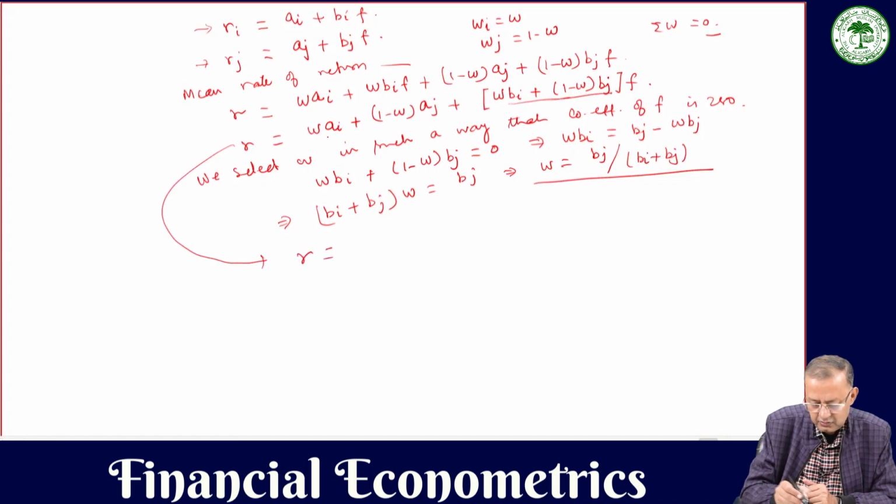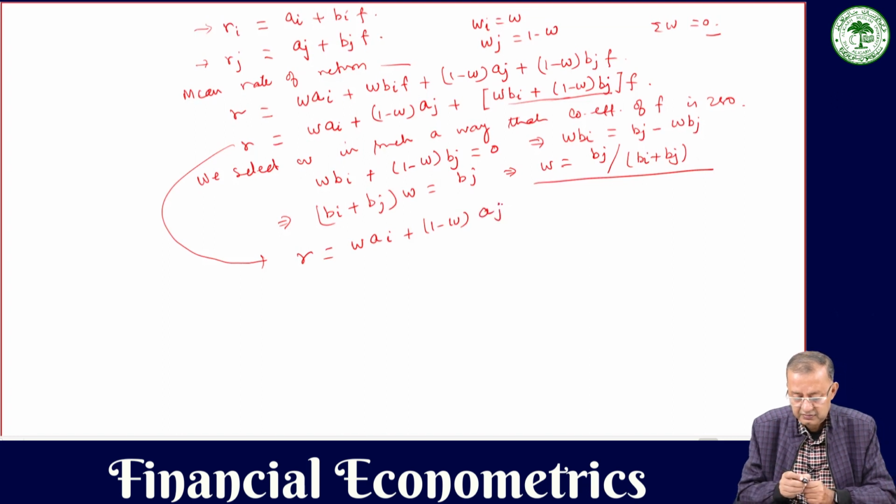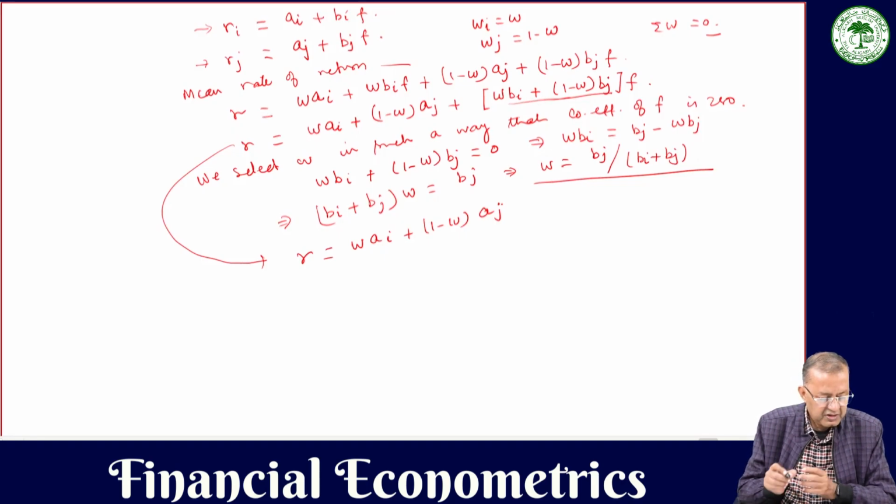So if this is equal to 0, in this special case, now we can write R is equal to W Ai plus 1 minus W into Aj. We substitute the value of W into this equation, because the f term will be equal to 0.